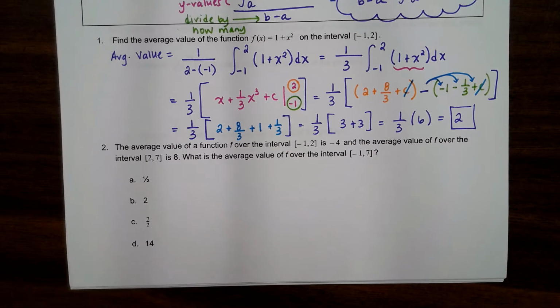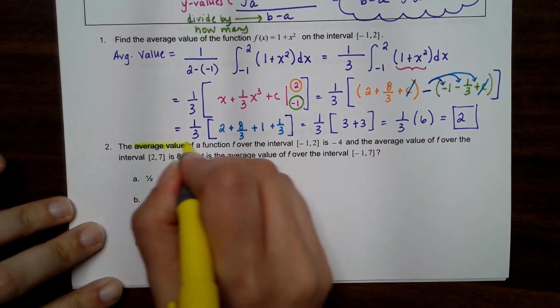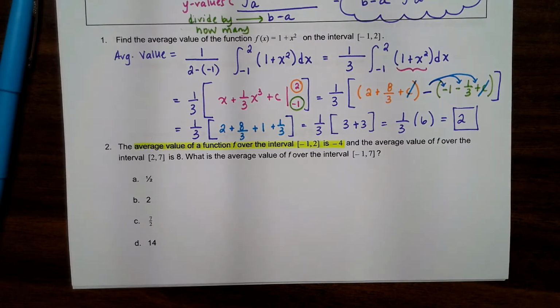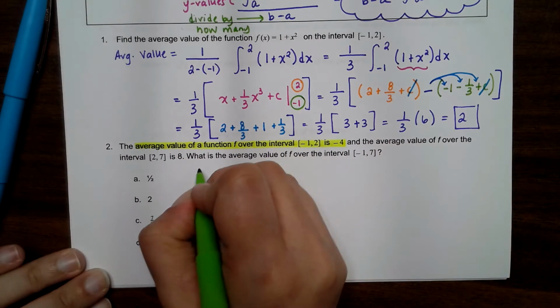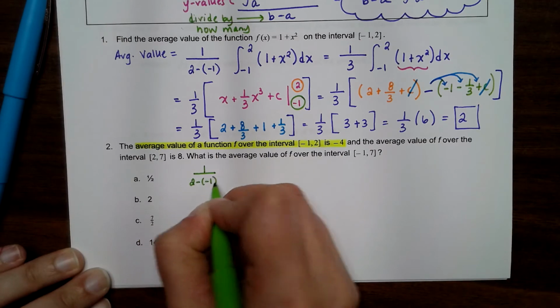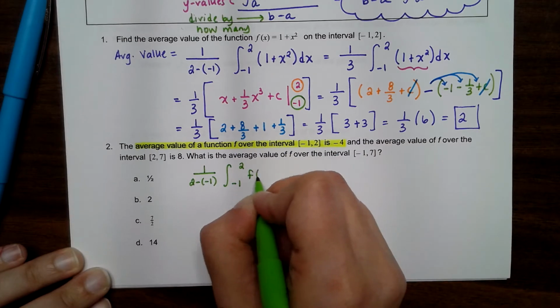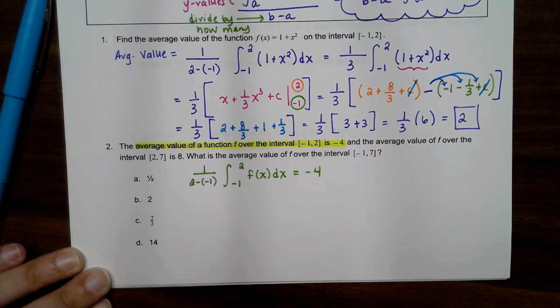Let's start by writing in a mathematical way what we were given in the instructions. So I know the average value from -1 to 2 is -4. The way to write that mathematically would be to say that 1 over 2 minus -1 times the integral from -1 to 2 of my f of x function is -4.